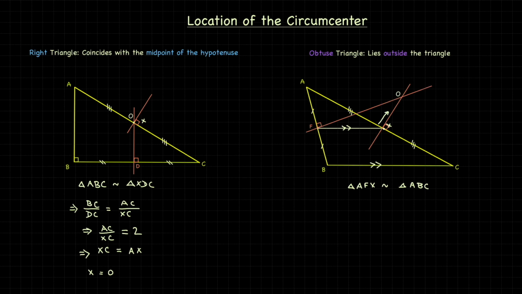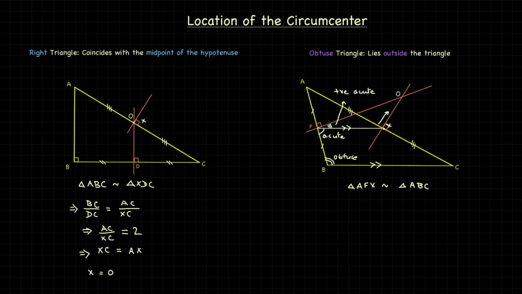Next, I'm going to draw the perpendicular bisector of segment AB. So angle B is known to be obtuse, which means that the angle BFX will be acute as they both sum to 180. Also, the total angle here is 90 degrees, which means the angle OFX has to be a positive acute angle, 90 minus whatever is angle BFX.